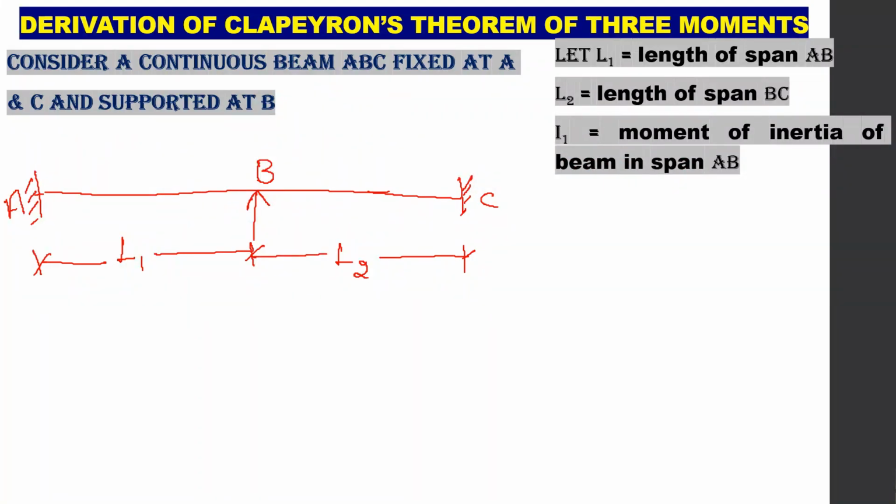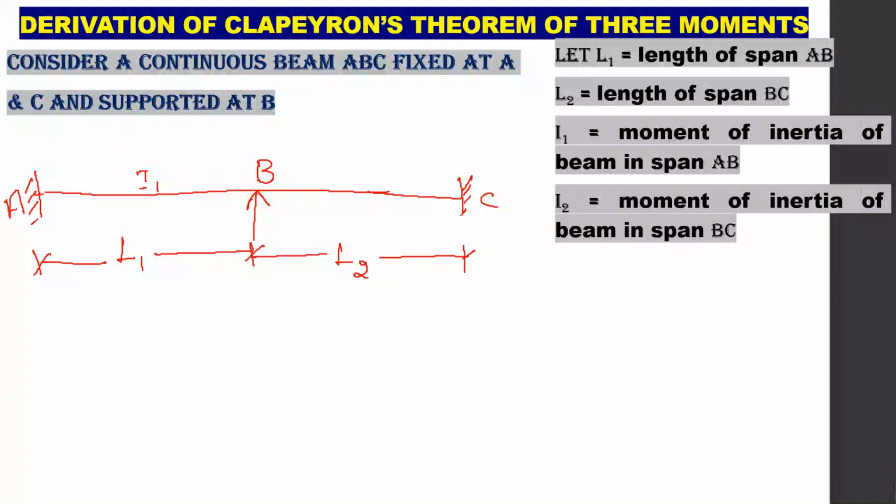The moment of inertia of the beam in span AB is taken as I1, and the moment of inertia of the beam in span BC is taken as I2.